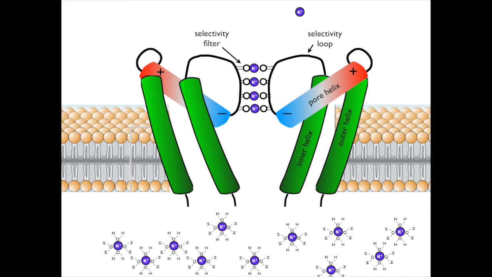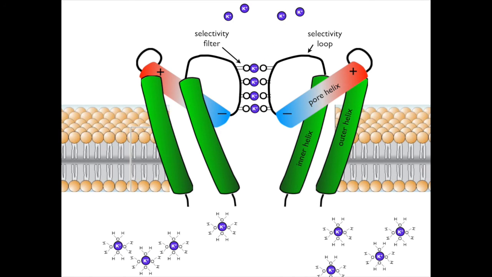The electrostatic force on the stripped ion then drives the potassium from the lowermost binding site to the next site. The electrostatic force exerted by that potassium ion then drives the ion in the next binding site upward, and so on until the ion in the highest binding site is driven into the extracellular fluid.